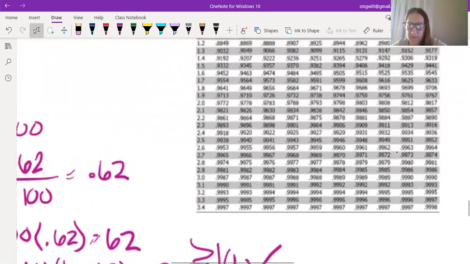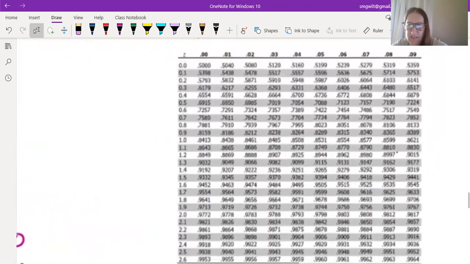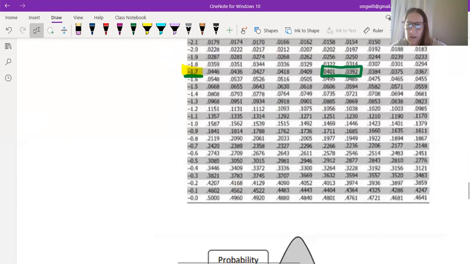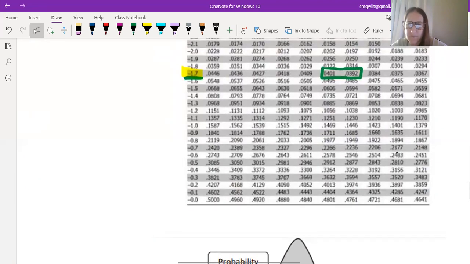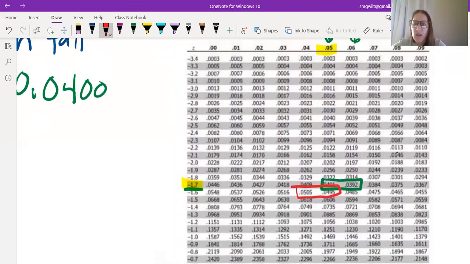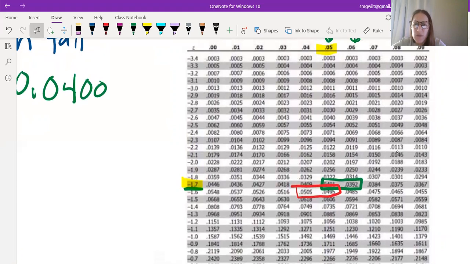So 0.0500 would be between these two values. And actually you can see from there, it's perfectly between. So I would just go with the larger z score. It doesn't really matter.